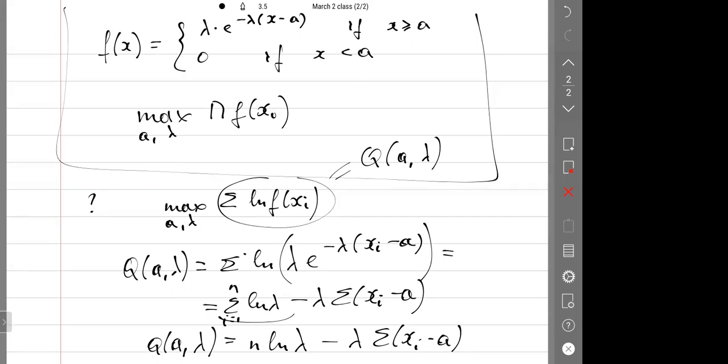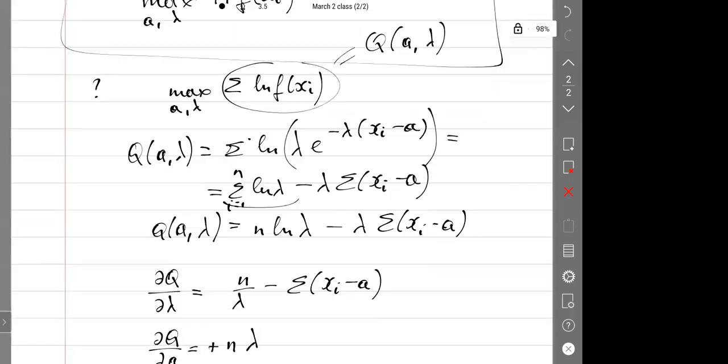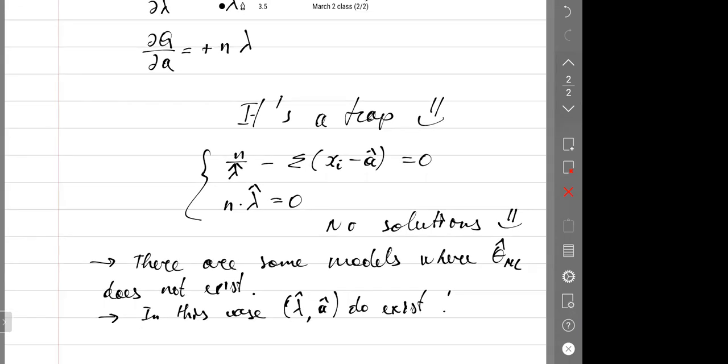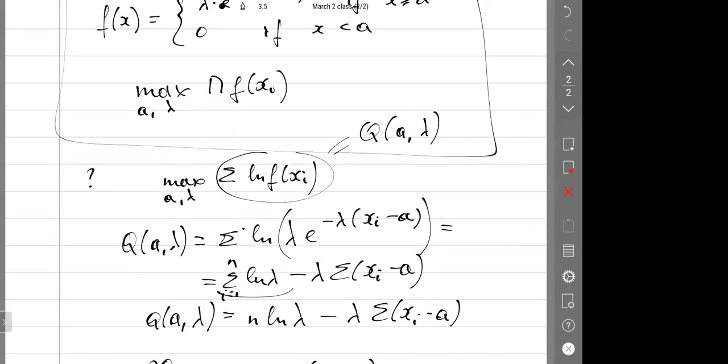If we do the optimization correctly, then we will find the maximum likelihood estimators. Lambda hat and a hat do exist. So we have just made a mistake. Who can spot the mistake?